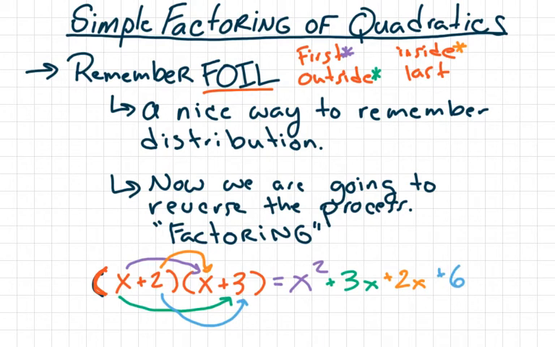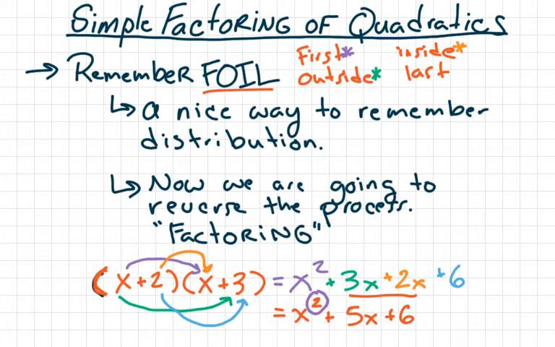If we combine like terms, we get that x plus 2 times x plus 3 is equal to x squared plus these combined to be a 5x plus 6. And that's how you appropriately multiply these two binomials together to get a quadratic. What we mean by quadratic is a polynomial with a highest degree of 2.